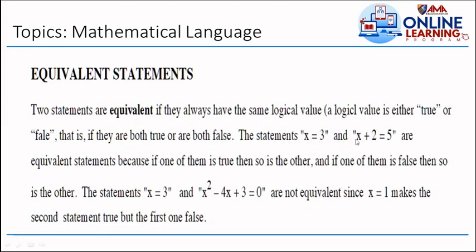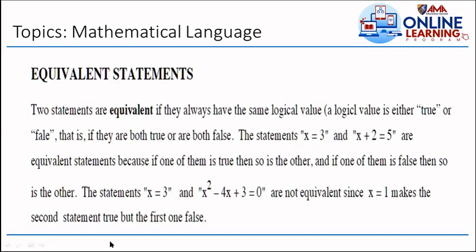And if we substitute in our second statement, x plus 2, wherein the value of x is equal to 3, 3 plus 2 is equal to 5. So therefore, these two statements are equivalent. Okay? So at the same time, these two statements are true.